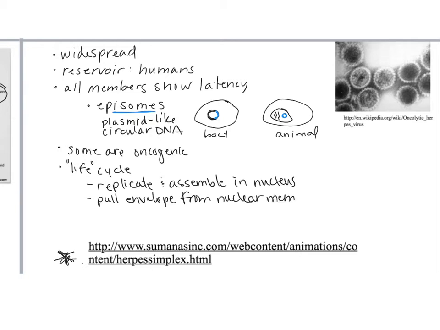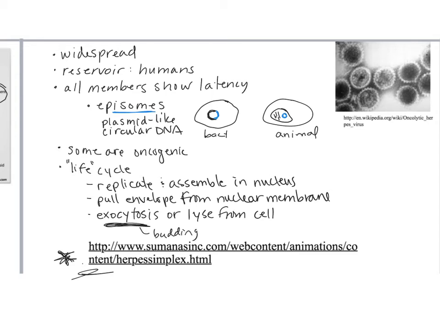And that's kind of unusual. Again, you'll see that in this animation. Hopefully you watch that. And then how do they leave the host cell? They exocytose, or they lyse from the cell. More often it's going to be a little bit slower exocytosis, so they're actually kind of budding off when they leave the cell. But sometimes when they do this so quickly, it accomplishes the same thing. It lyses the cell if you have so many virus particles doing that all at once.